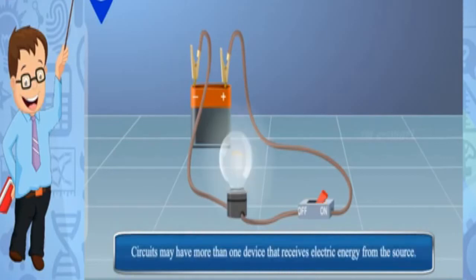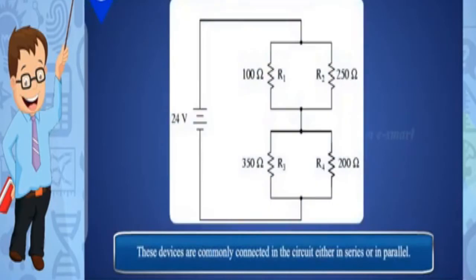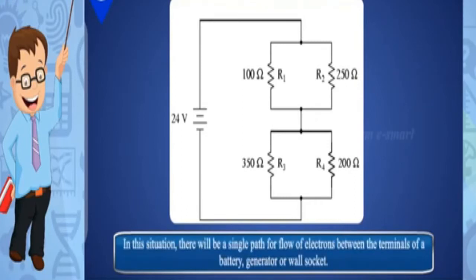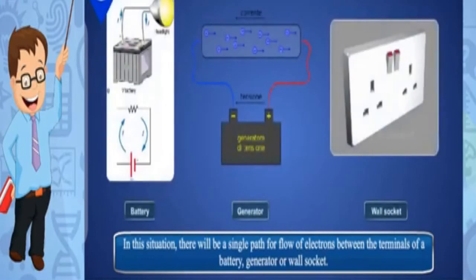Circuits may have more than one device that receives electric energy from the source. These devices are commonly connected in the circuit either in series or in parallel. When the components of the circuit are connected in series, there will be a single path for the flow of electrons between the terminals of a battery, generator, or wall socket.